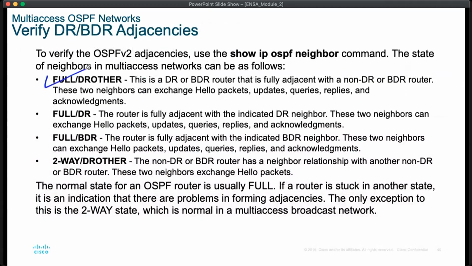Full/DROTHER: this is a DR or BDR router that is fully adjacent with a non-DR or BDR router. These two neighbors can exchange hello packets, updates, queries, replies, and also acknowledgements. Full/DR: the router is fully adjacent with the indicated DR neighbor.